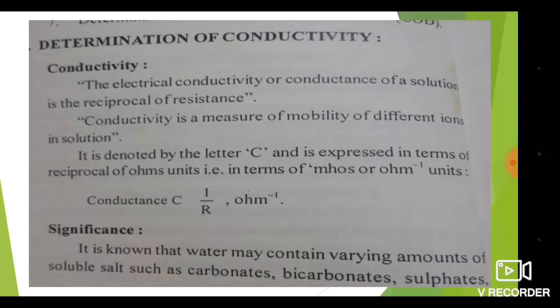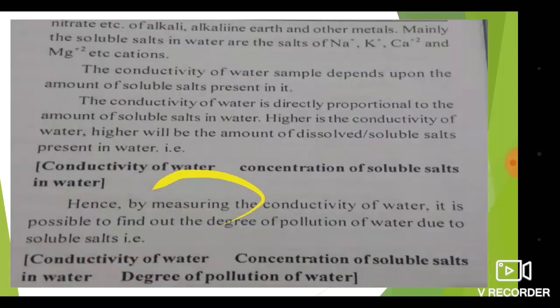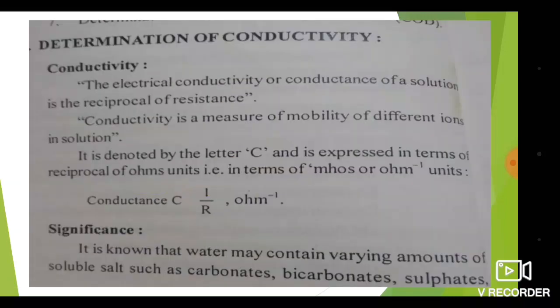Conductivity is a measure of the mobility of different ions in the solution. Any change in the mobility of ions results in a change in the conductance of the solution also.